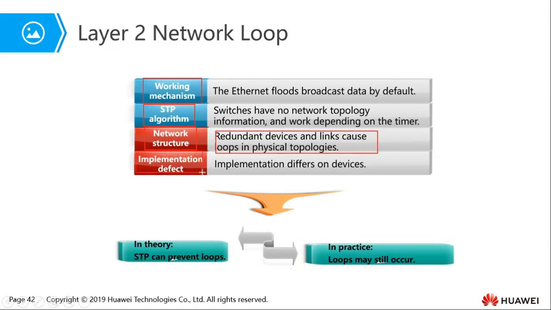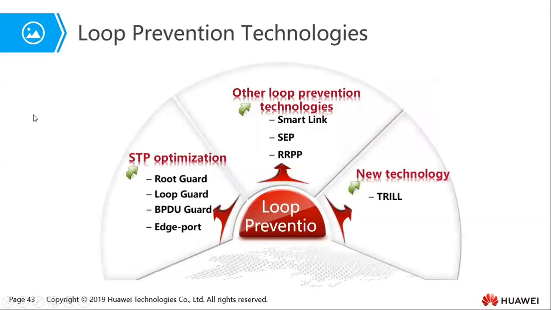So the implementation defect of this differs from device to device. What this means is that even though STP in theory is meant to prevent loops, depending on how you've implemented your network, you may still have loops when certain things occur in your network. So in order to prevent loops from completely occurring and reduce the chance of loops occurring in your network, you might need to do the following.